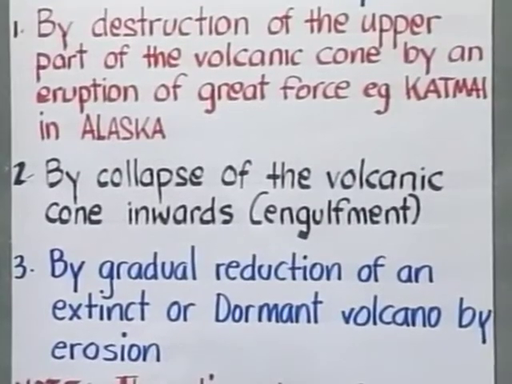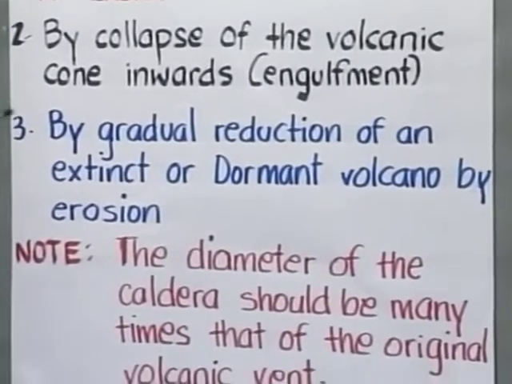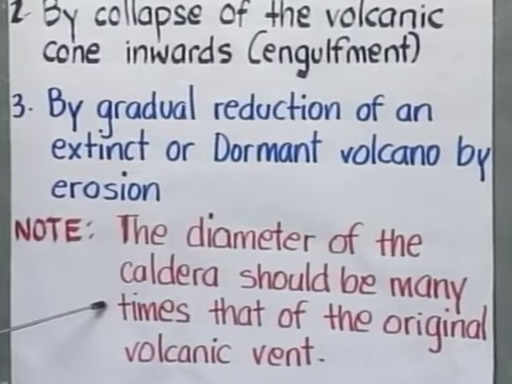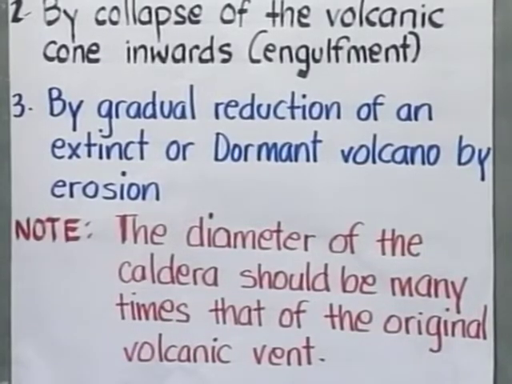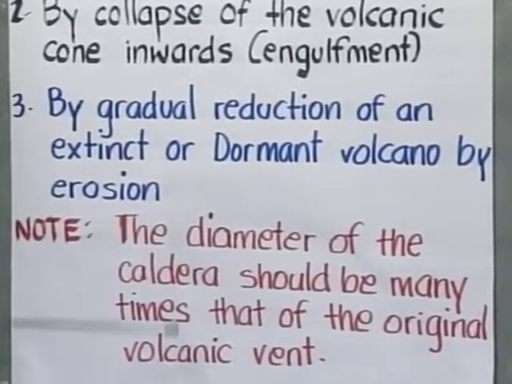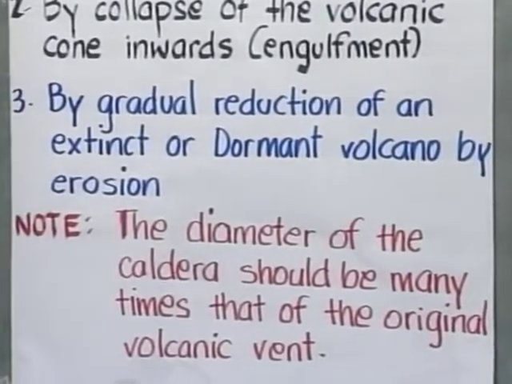We look at a note here. I think I mentioned that at the beginning. Note that the diameter of the caldera should be many times that of the original volcanic vent. So a caldera will be larger than a crater or the original volcanic vent.